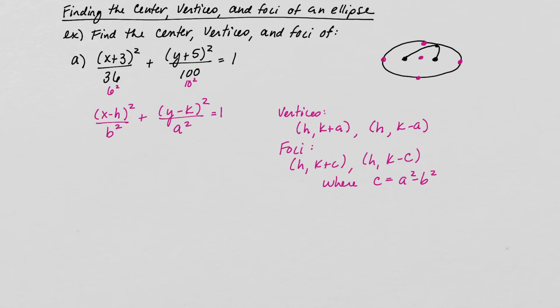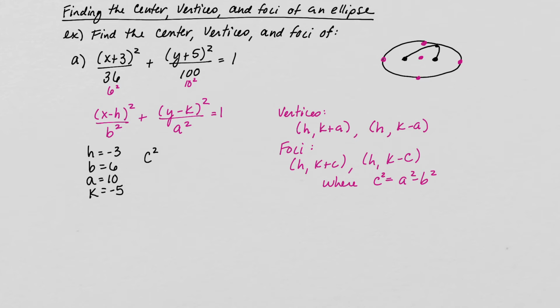Okay, so we have to find a couple of things. First, c squared is equal to a squared minus b squared, so the first thing we're going to do is find c. Let's identify first: our h is negative 3, our b we set as 6, our a is 10, and our k is negative 5.